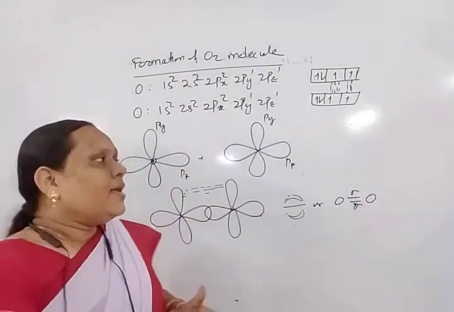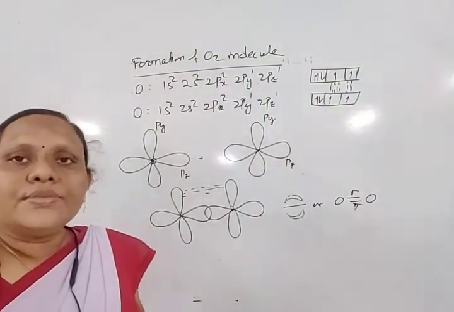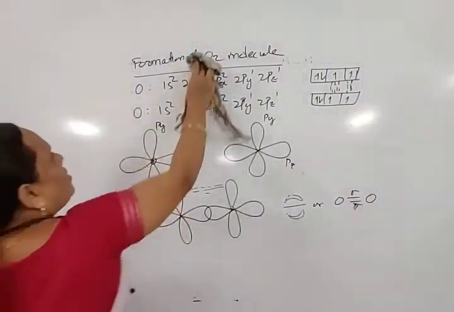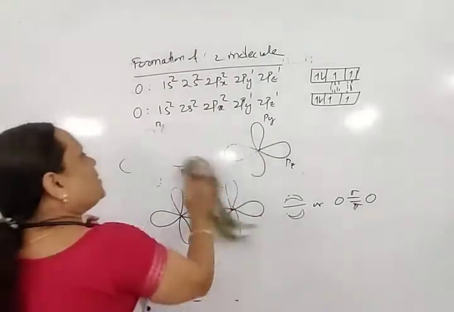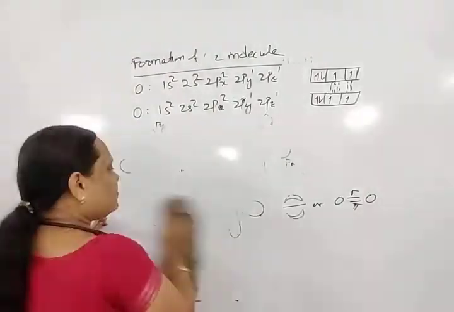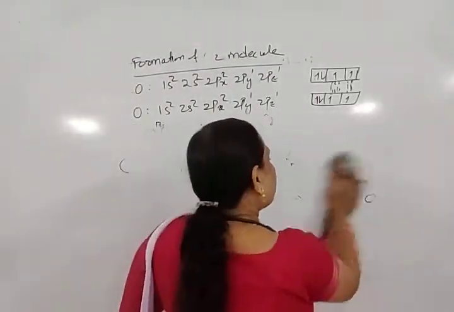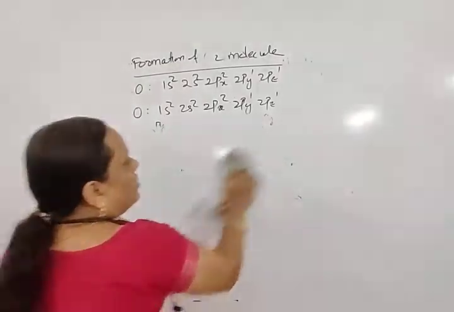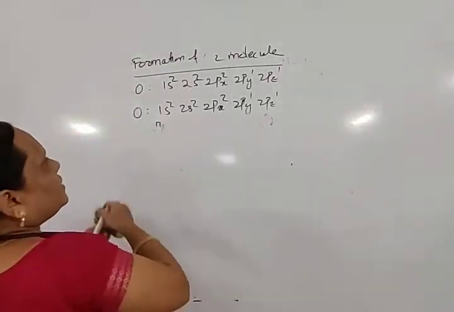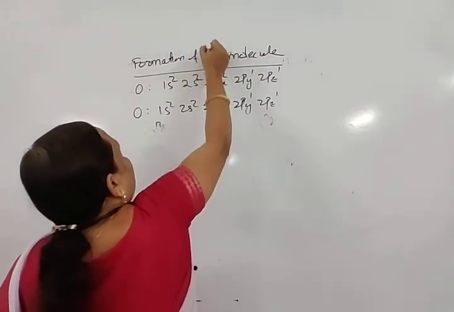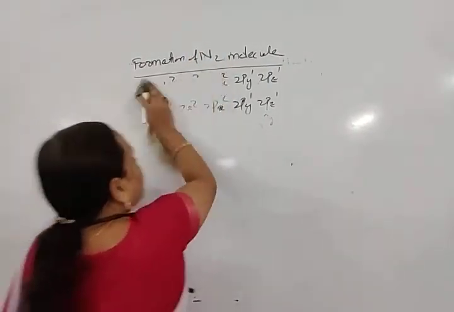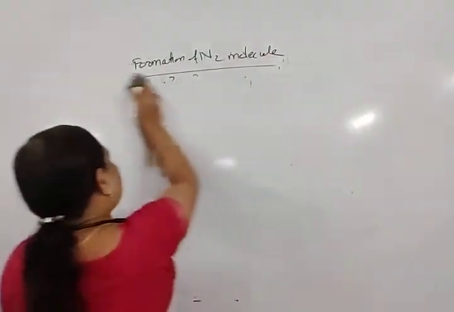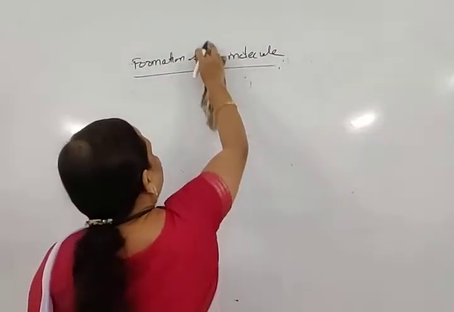Okay. Next, come to another, that is the formation of the nitrogen molecule. Formation of the N2 molecule. So nitrogen, what is its electronic configuration? Its atomic number is 7.